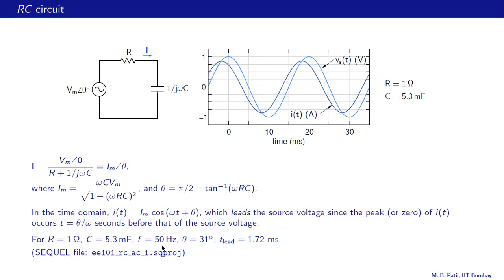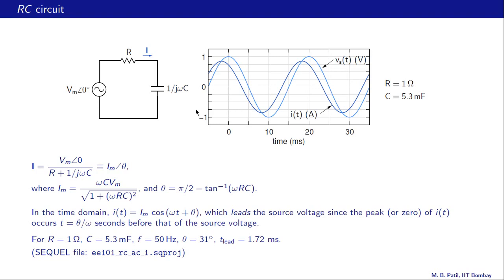For this combination, theta turns out to be 31 degrees, and that corresponds to a time of 1.72 milliseconds. Alright, now let us ask this question: when does I of t go through its peak? And that happens when omega t plus theta becomes equal to 0. That means t is equal to minus theta divided by omega, and that time is exactly 1.72 milliseconds.